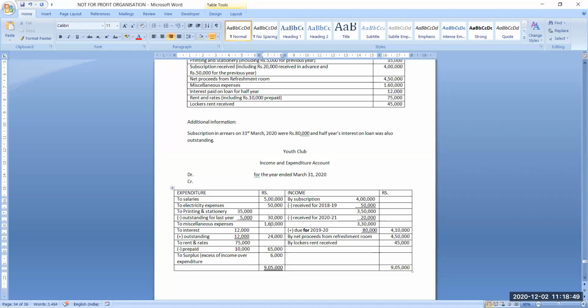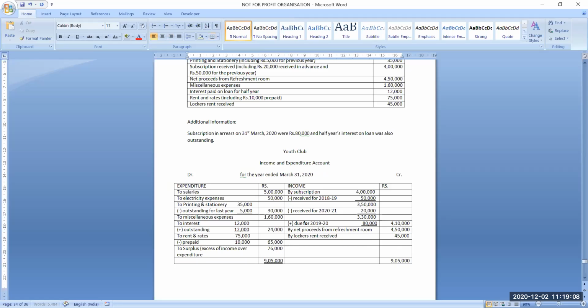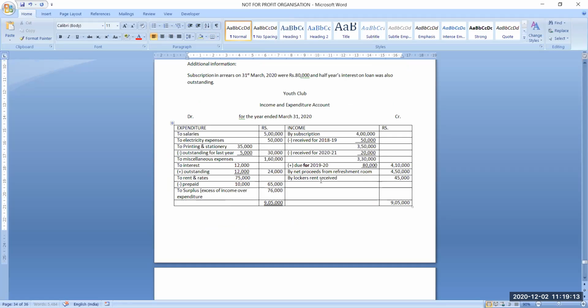Then 6, 3, 9, 6, 15 to 17, 6, 23, 23 plus 7, it will become 33 plus 5, 8, 1, 9. So the surplus will be 76,000. So in this manner, we have calculated and prepared the income and expenditure account. I hope this process is clear now.